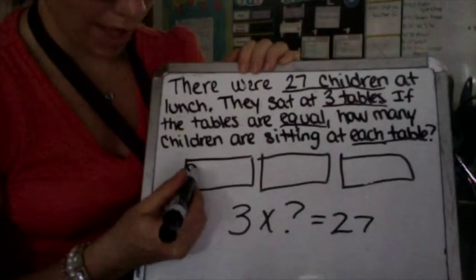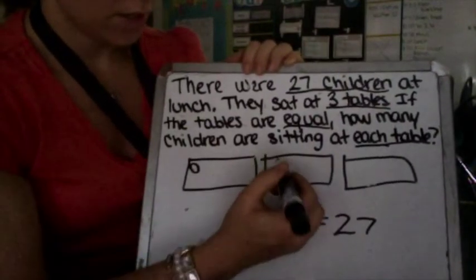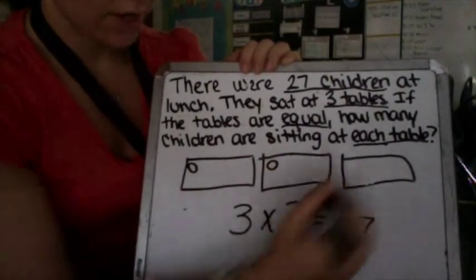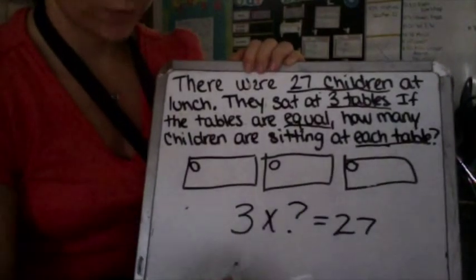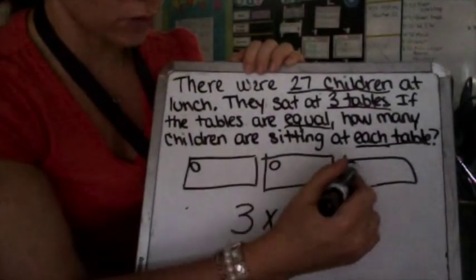So 1 at table 1, 1 at table 2, and 1 at table 3. So that's 1, 2, 3.